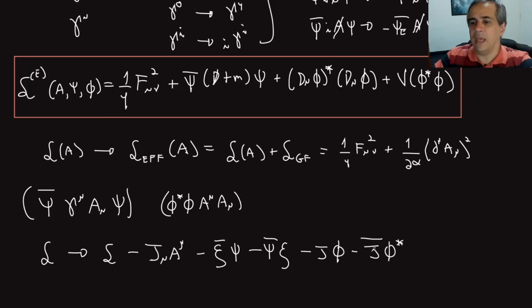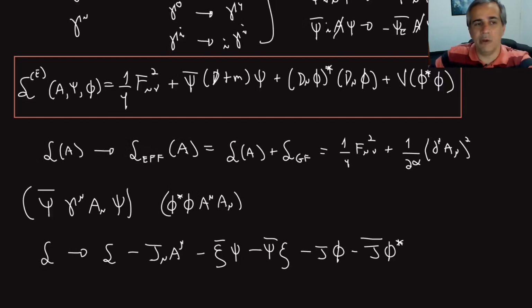Again, now that I'm dealing with the complex scalar, I need to put two sources. And then I can rewrite the exponential of the interacting part of the action. I can separate all the interactions in a separate piece of the Lagrangian and rewrite the fields in those interaction terms as derivatives acting on the sources.